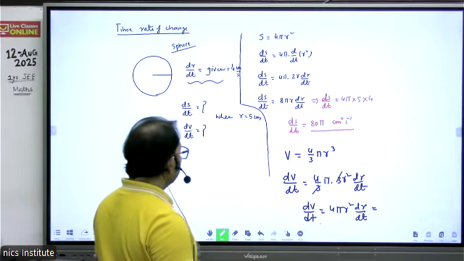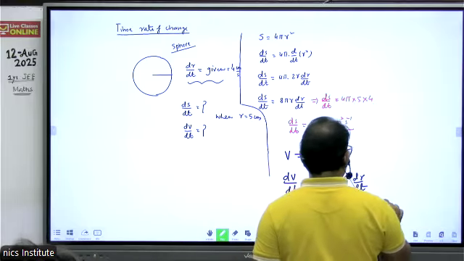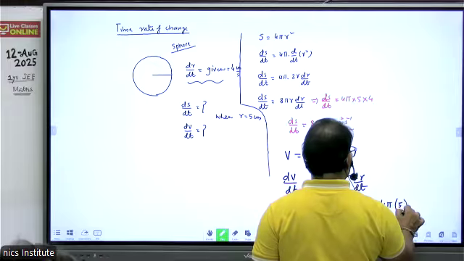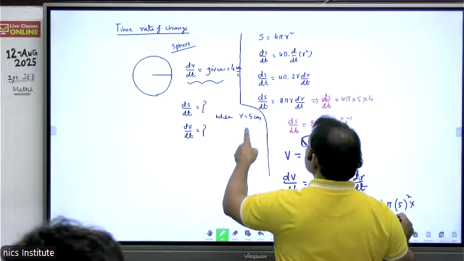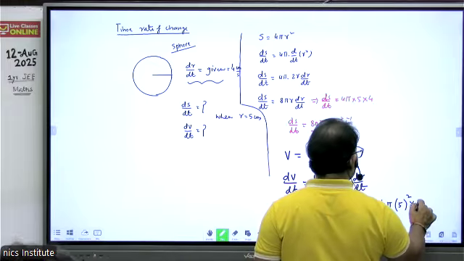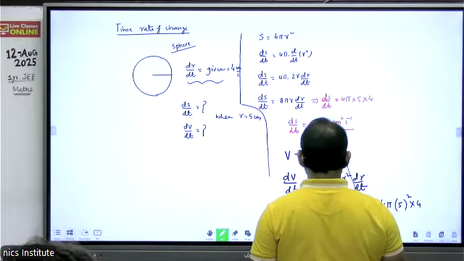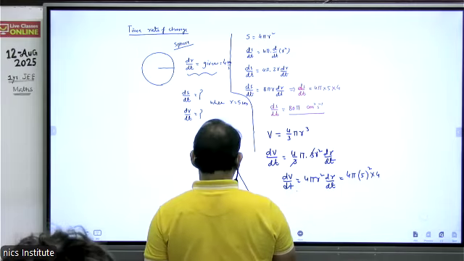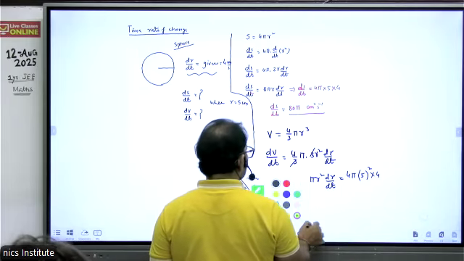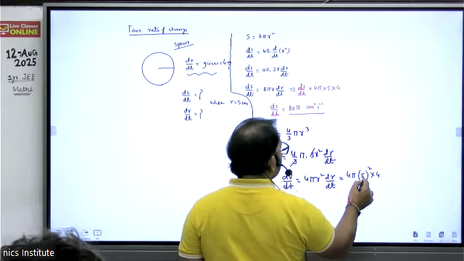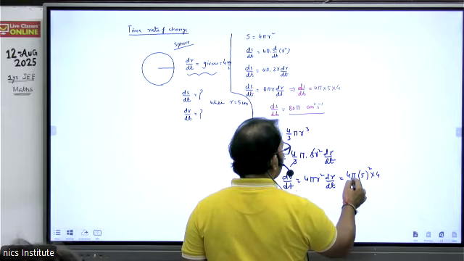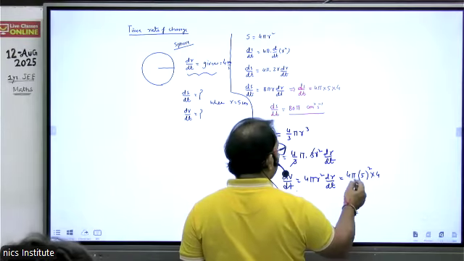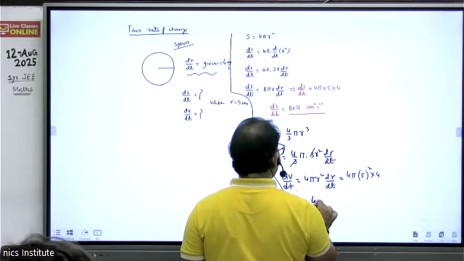So now you can substitute 4 pi, r when r was 5 centimeter, r is 5, dr by dt is 4. So your answer for dV by dt will be how much? It'll be 25 into 4, 100 into 4, 400 pi.